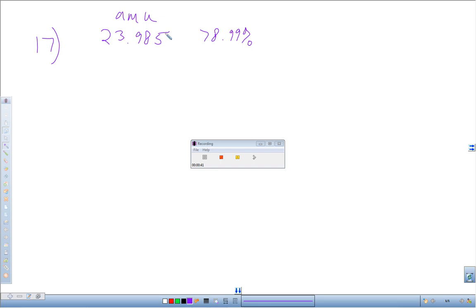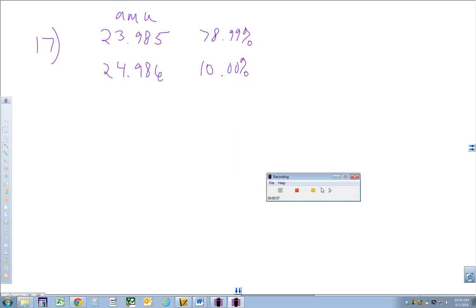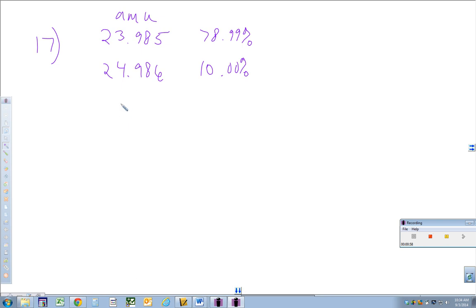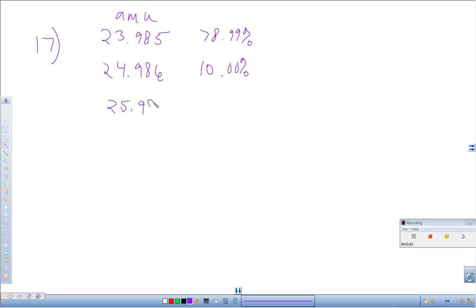Second isotope, 24.986, and the abundance is 10%. And the third isotope is 25.982, and it's 11.01 in abundance.